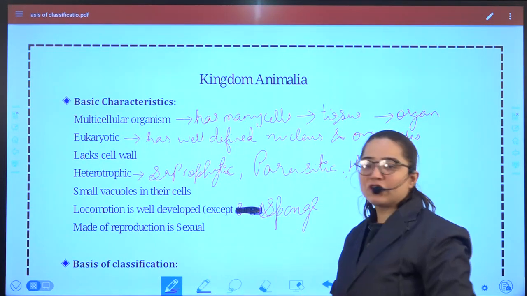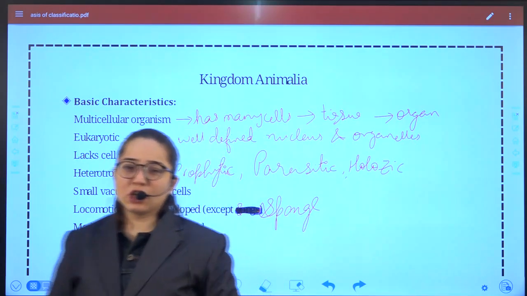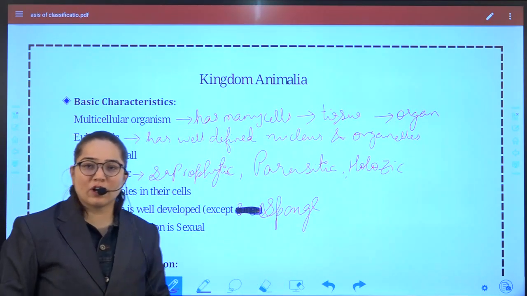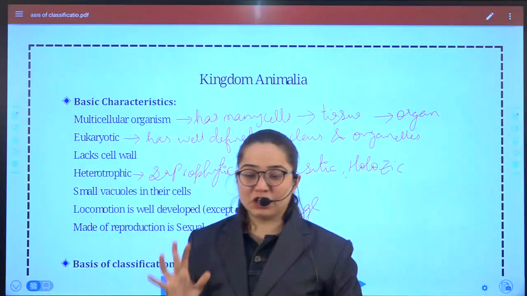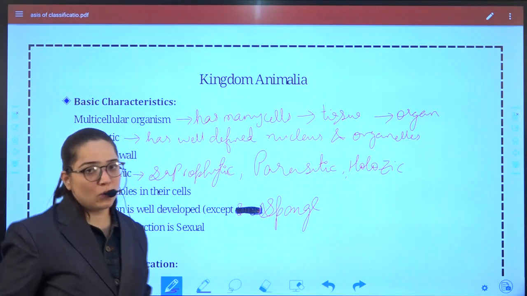Before we do anything, just go through this content, note down this content, and then we'll move further on. How is the classification actually done? Note it down quickly.